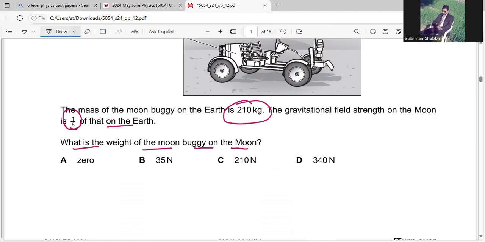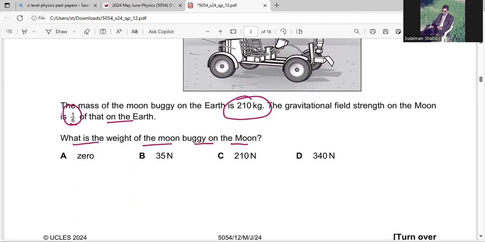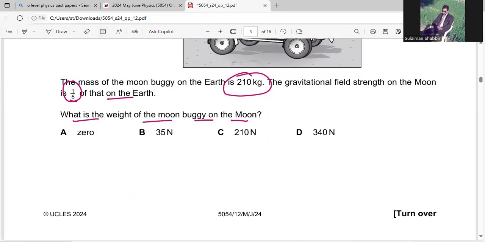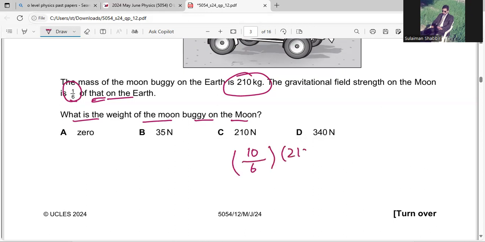If I take the value related to this question, 1/6 of the Earth's value, I will say 10 over 6 multiplied by 210.